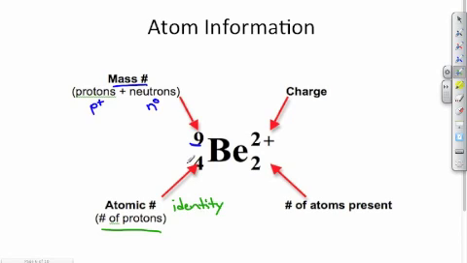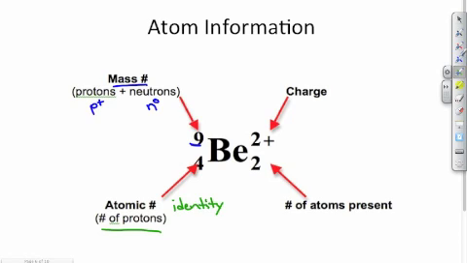And if we ever wanted to know the number of neutrons, it's a pretty quick calculation to figure that out. If I have 9 total between protons and neutrons, all I need to do is subtract the atomic number, which is the number of protons, from my mass number, and I can get how many neutrons are in this atom.